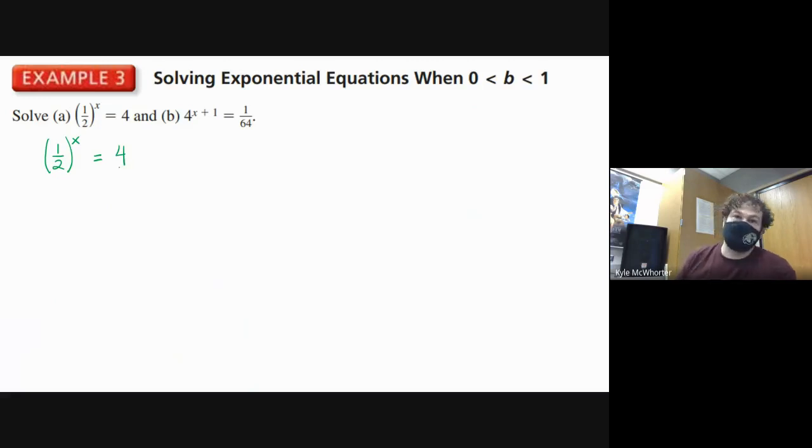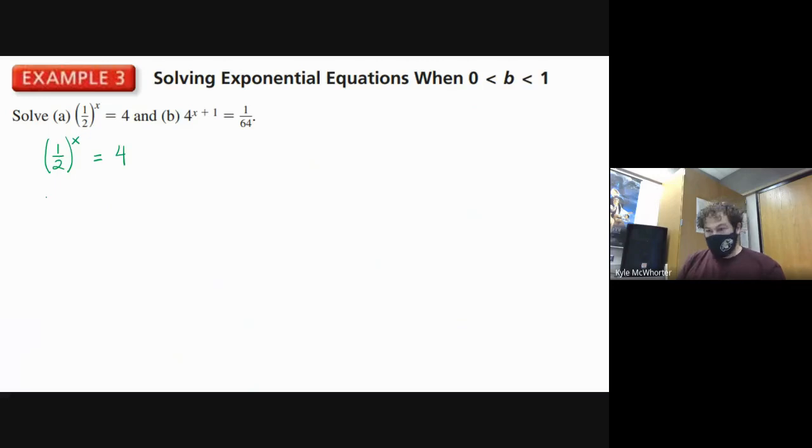And what we're going to do is use that same strategy we just did. We're going to try to write each side as a power of the same base. So when you look at these numbers, what base comes to mind? Like 4 is 2 to the second, and 1/2 is 2 to the -1, right? Because negative exponents just flip the base, right?